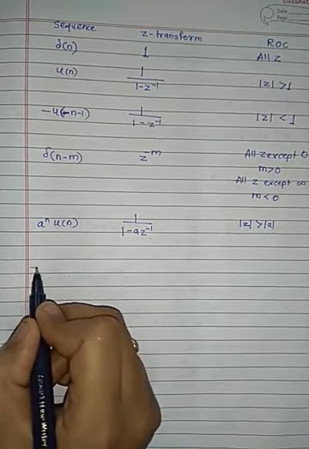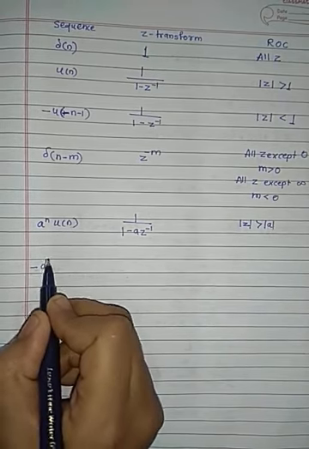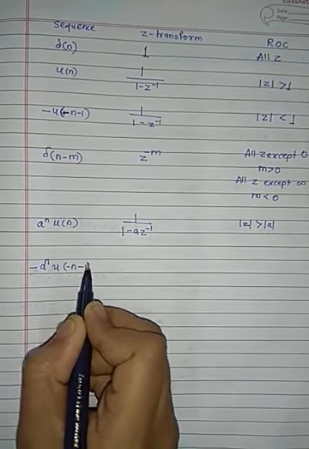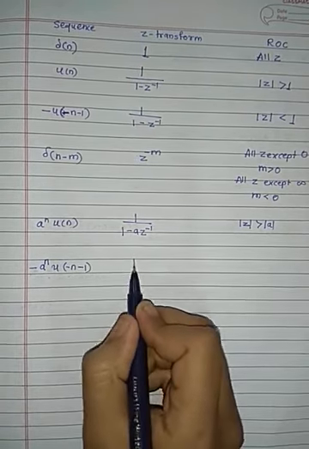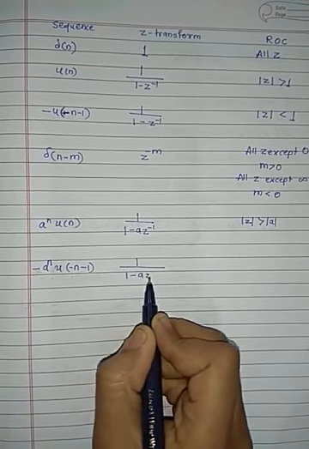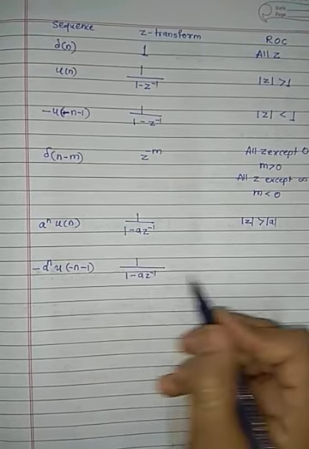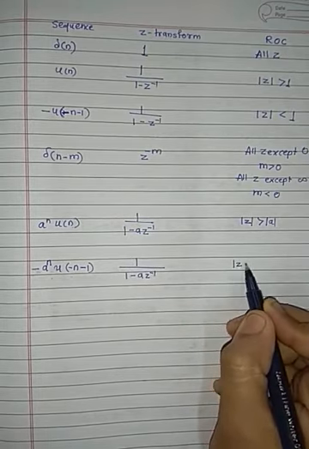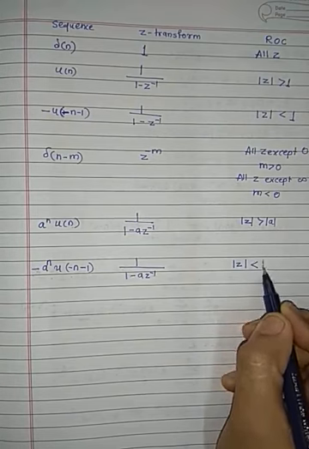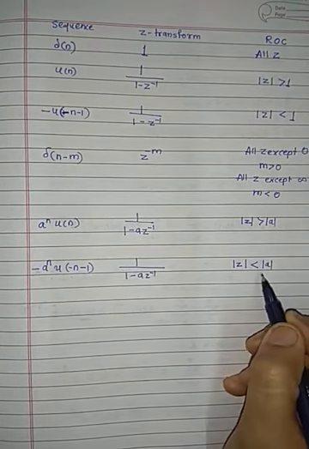Okay, if the sequence is minus a raised to n u of minus n minus 1, then the Z transform is 1 upon 1 minus a into Z raised to minus 1. But here the region of convergence gets changed. It is modulus of Z should be less than modulus of a.